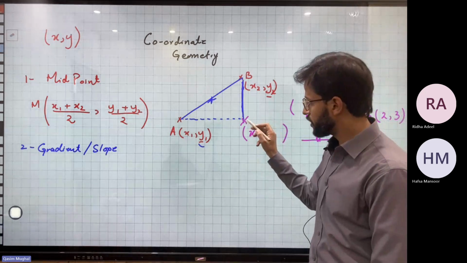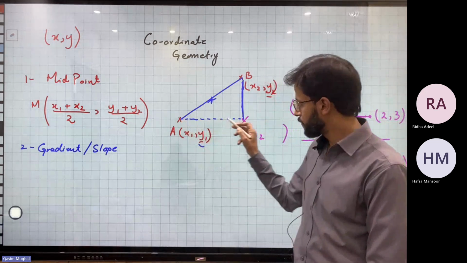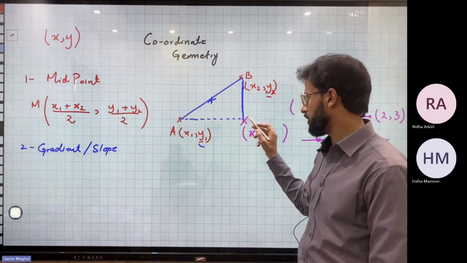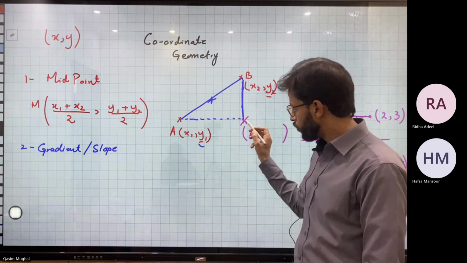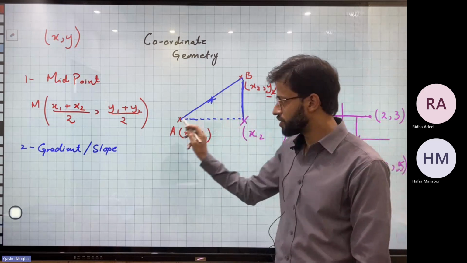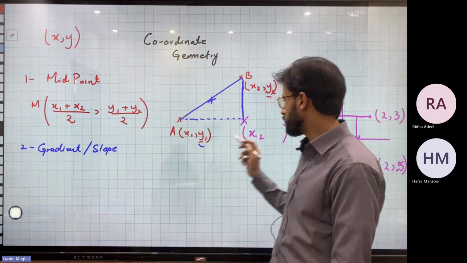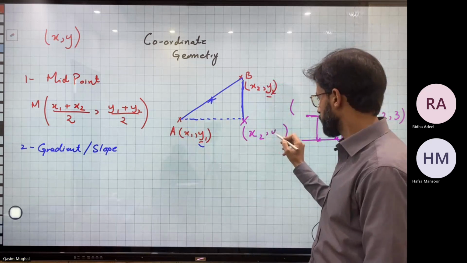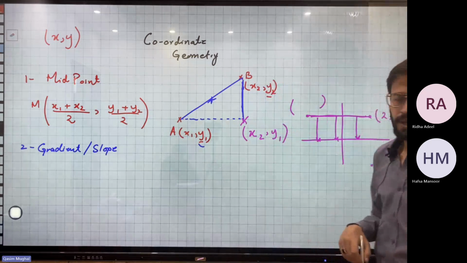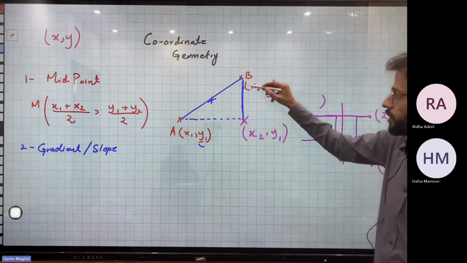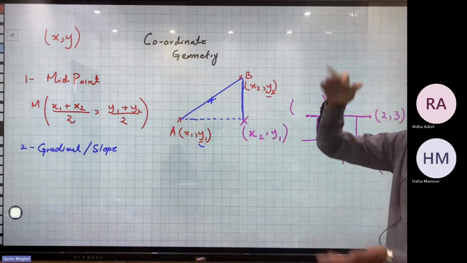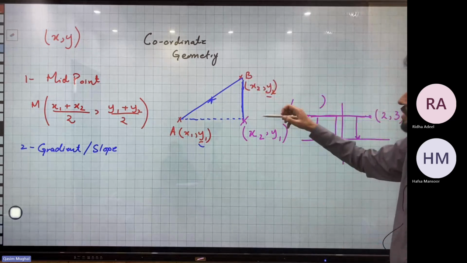If you look at this point very carefully, it is exactly right in front of it in a horizontal manner. So the y coordinate of this is going to be the same as the y coordinate of A. So this is going to be y1.